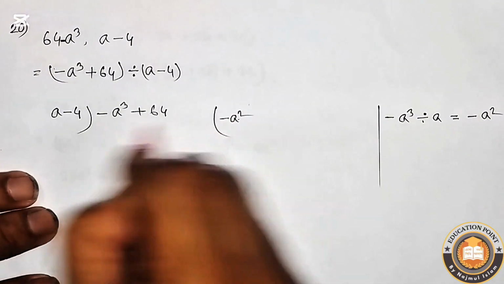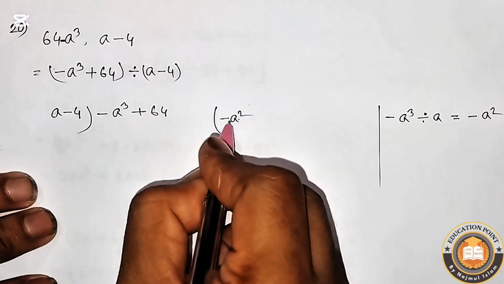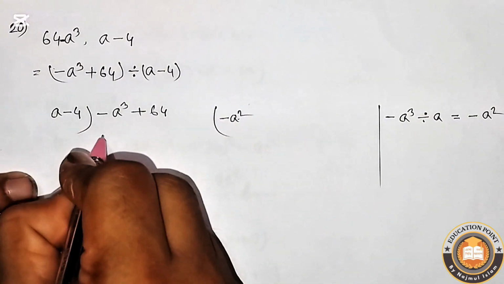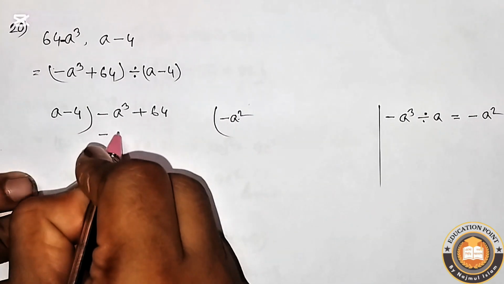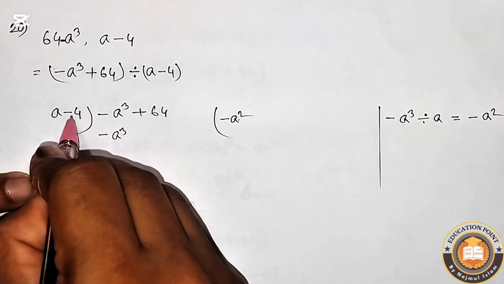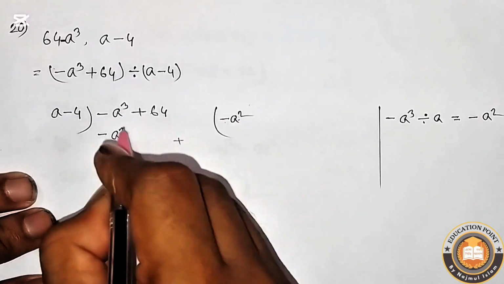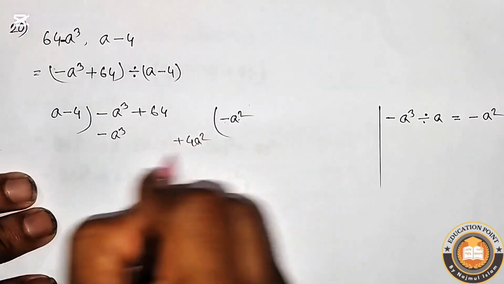Now minus a square multiplied with a minus 4. At first minus a square multiplied with a, that means minus a cube. Then minus a square multiplied with minus 4, that means minus minus plus 4a square.